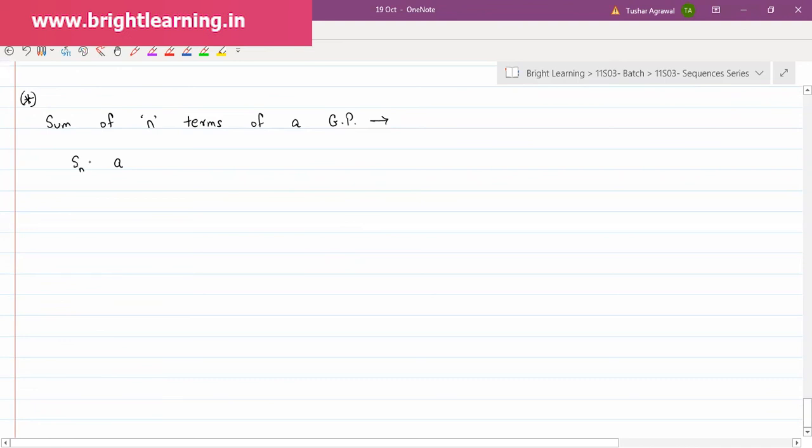Sn is equal to a1 plus a2 plus a3 up to the nth term. So Sn is equal to: my first term is a, my second term is ar, third term is ar square, fourth term is ar cube, and so on. My last term is a times r to the power n.